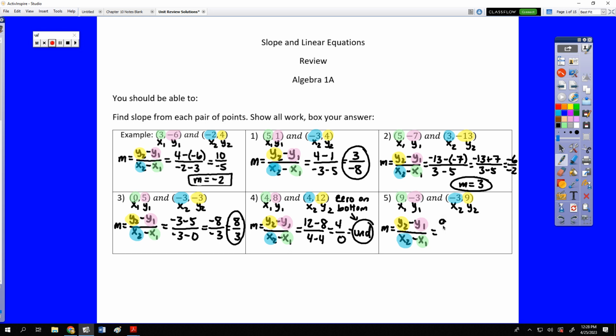So we're looking at 9 minus negative 3 over negative 3 minus 9. Again, that minus a negative becomes a plus, meaning we have 12 over negative 12. 12 divided by negative 12 is a slope of negative 1.